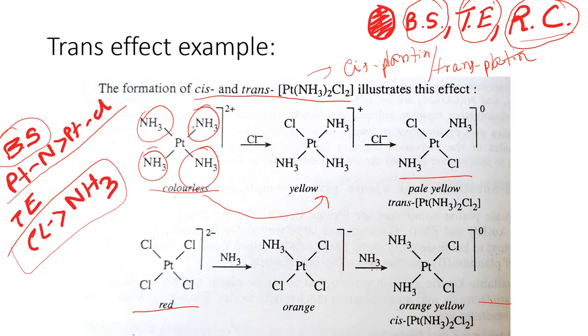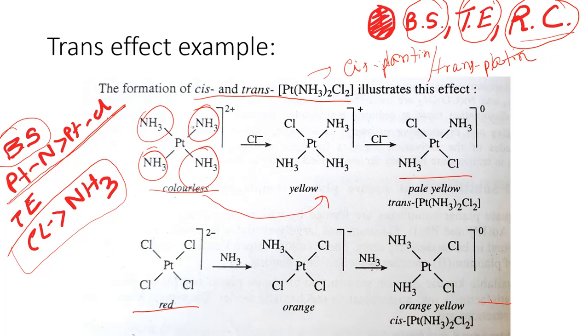So you have to remember the trans effect order, or you can think of it through the mechanistic pathway or through the ideas of sigma donor and pi accepting character. And you have to remember the bond strength order also, or if you have a very basic idea regarding the electronegativity difference, then you can calculate the bond strength differences between these two bonds.